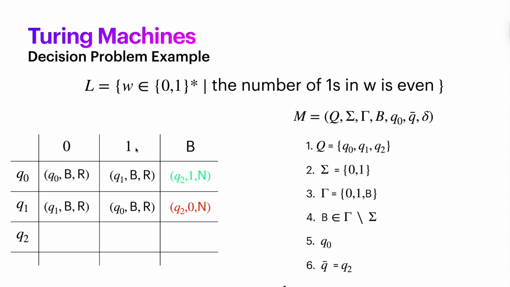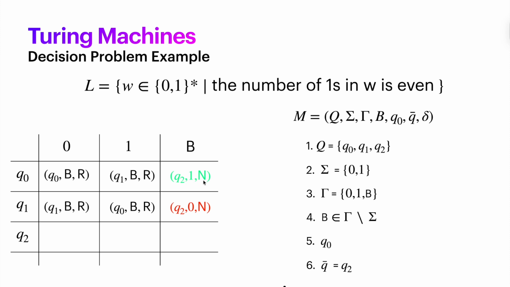From the transition function, it should be clear that we are processing the word step by step from the left to the right. So at one point, we arrive at a blank symbol. And as we arrive at that blank symbol, 2 things can happen. If we were at Q0, this would mean that we observed an even number of ones, then we overwrite that blank symbol with 1.